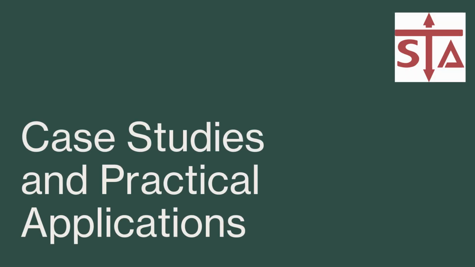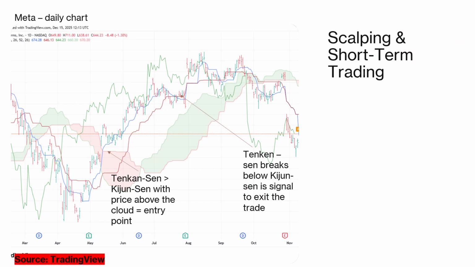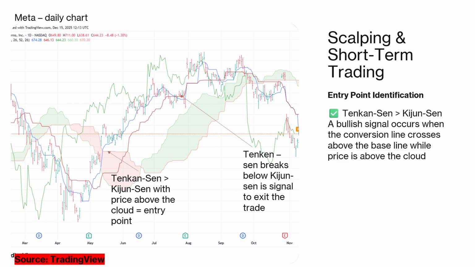We are now going to look at a few case studies and practical applications for trading with your cloud systems. I'm going to give a really simple example of scalping, short-term trading. This occurs when price is above the cloud.